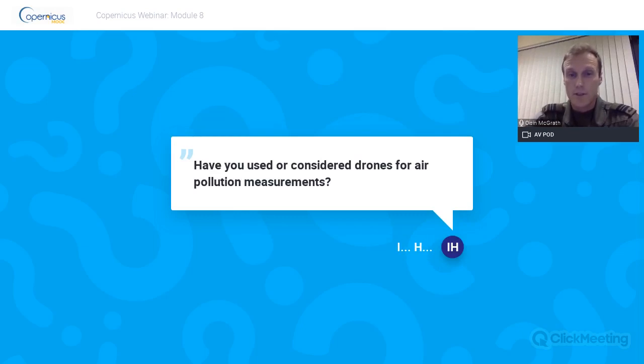Yeah, drones have been used already with special sensors for air pollution measurements. One of the projects we were involved in, a separate project, was like an urban resilience project. They were able to use drones, one for air pollution, for gas particles, any sort of air particles, which was fed back immediately.